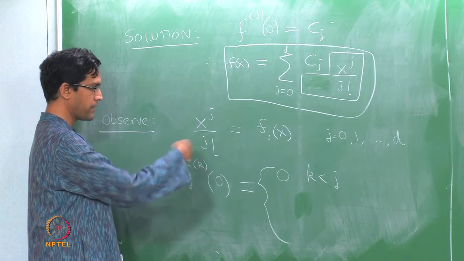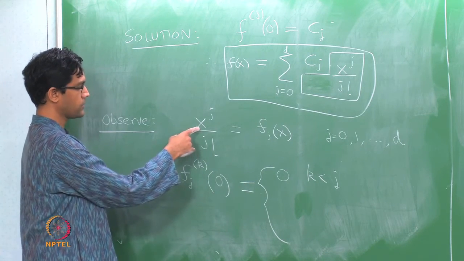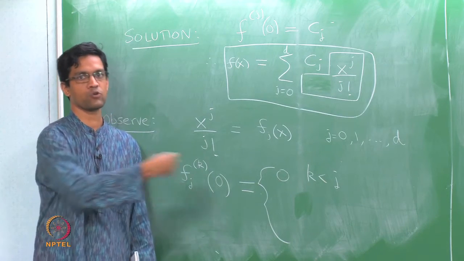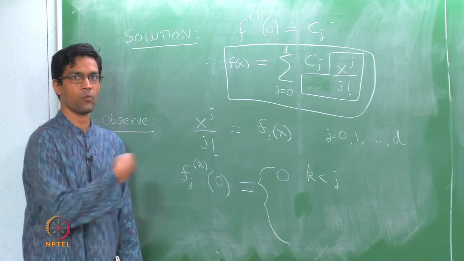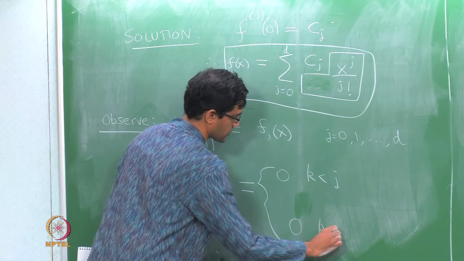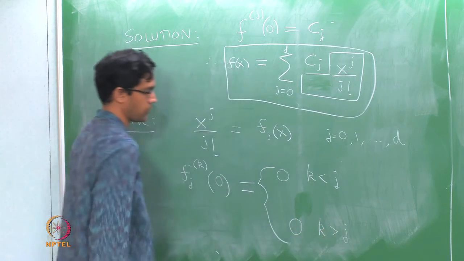If k is strictly bigger than j, then here is a polynomial of degree j, but you are taking derivatives more than j times, so of course the whole derivative itself is 0; you do not even need to plug in x equal to 0.